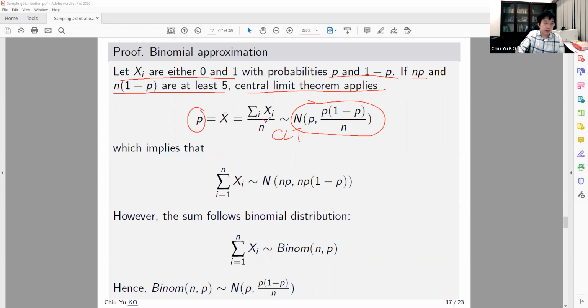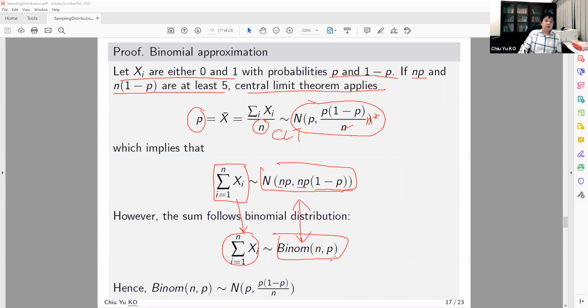If you multiply by n, the mean will be multiplied by n and the variance will be multiplied by n squared, so that cancels out and becomes np times 1 minus p. And this works because the sum of Bernoulli variables is binomial, so they are the same. That's what I said: the binomial can be approximated by a normal when np and n(1 minus p) are at least 5.